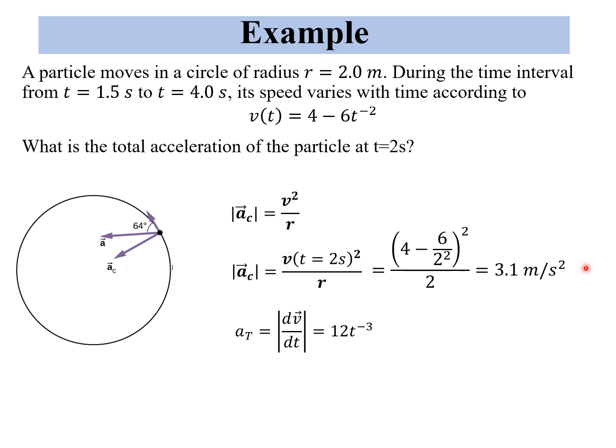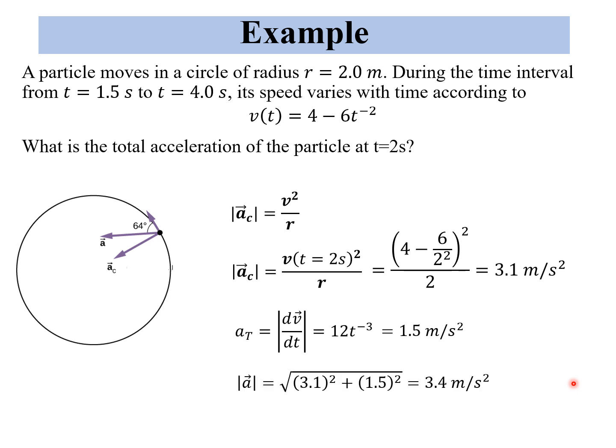To find the tangential acceleration, we'll just have to take the time derivative of the velocity function, which ends up being 12t to the negative 3. We can plug in the time of 2 seconds, and that comes out to about 1.5 meters per second squared.